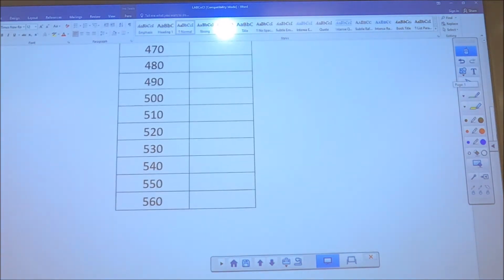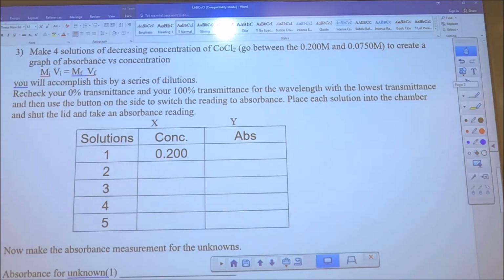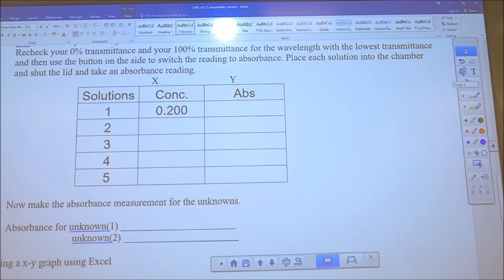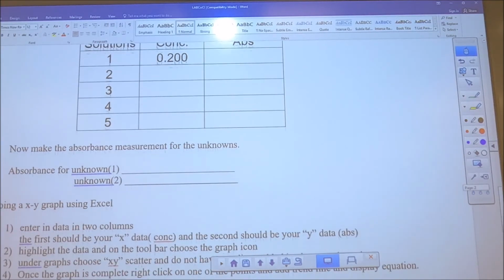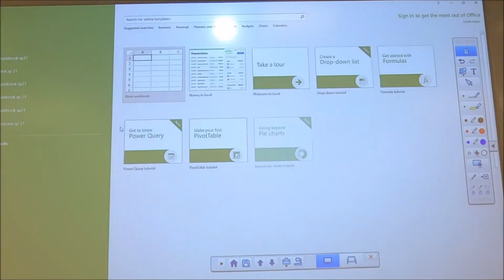Okay, guys, this is the table that you've just filled in, and I'm going to put only unknown 1 and unknown 2 here before I load this up for you guys to fill in. I'll put unknown 3. You're going to be doing an Excel graph. Okay? So let me show you the Excel graph that you're going to do.